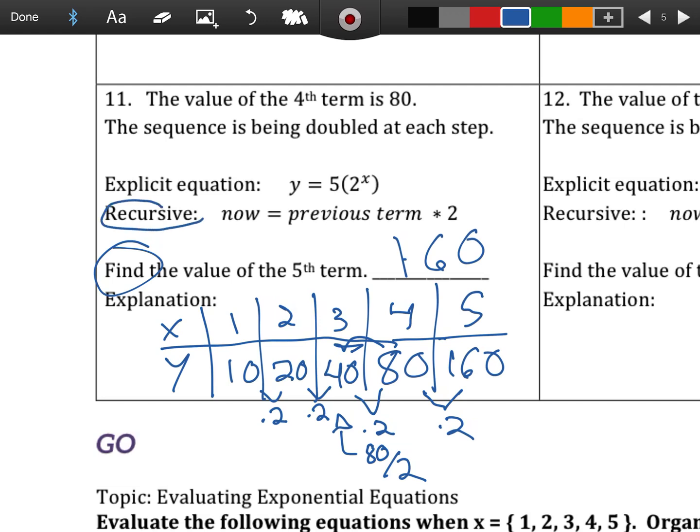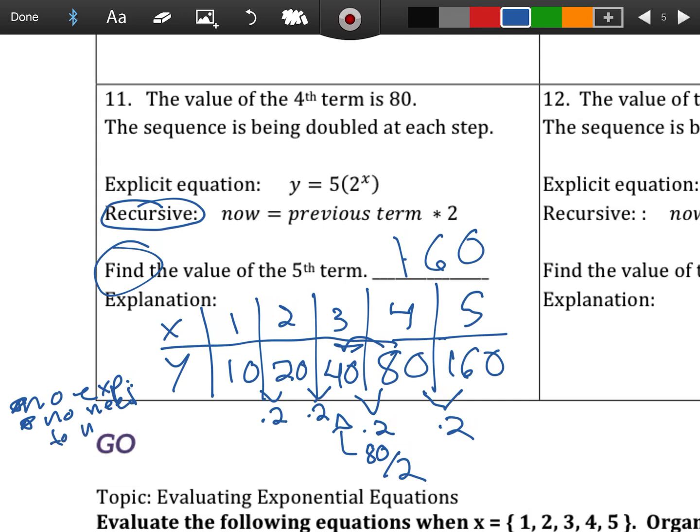Explanation. I don't know, what do you think? Why do you think this one's easier to use the recursive? I'd say that you don't have to worry about exponents. So in this, we didn't need exponents.